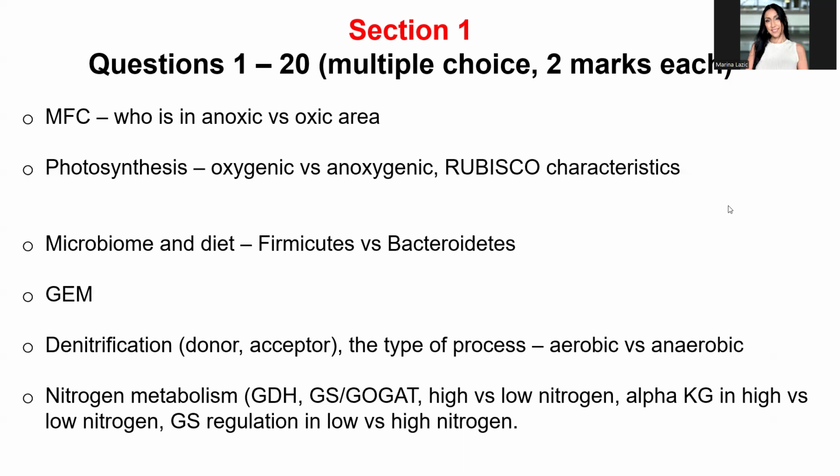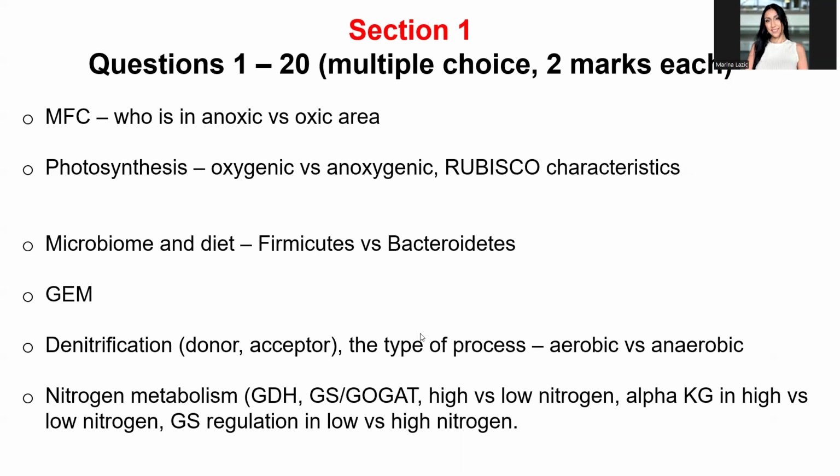Photosynthesis: differences between oxygenic and anoxygenic, and the basic Rubisco characteristics. Microbiome and diet: the most important diet change and its relation to Firmicutes versus Bacteroides. Genome scale metabolic model: when it's useful, understand what we can do with that.